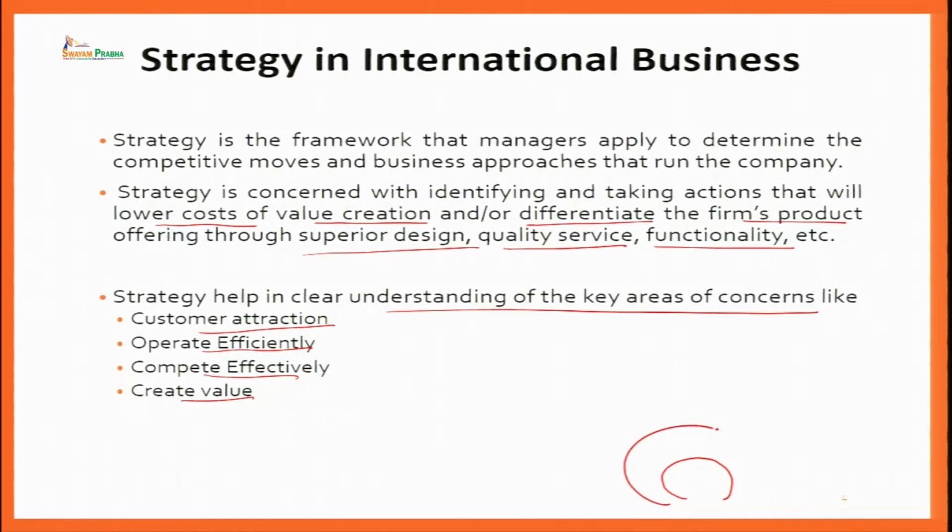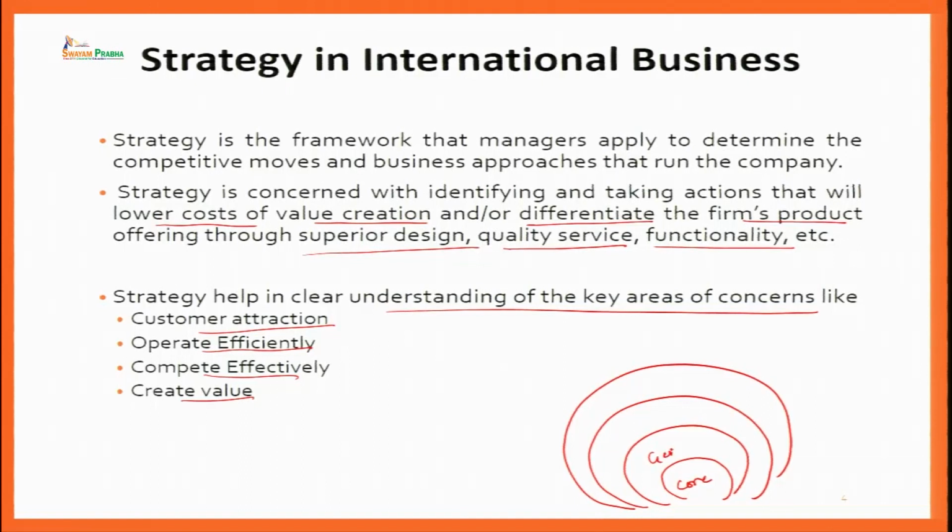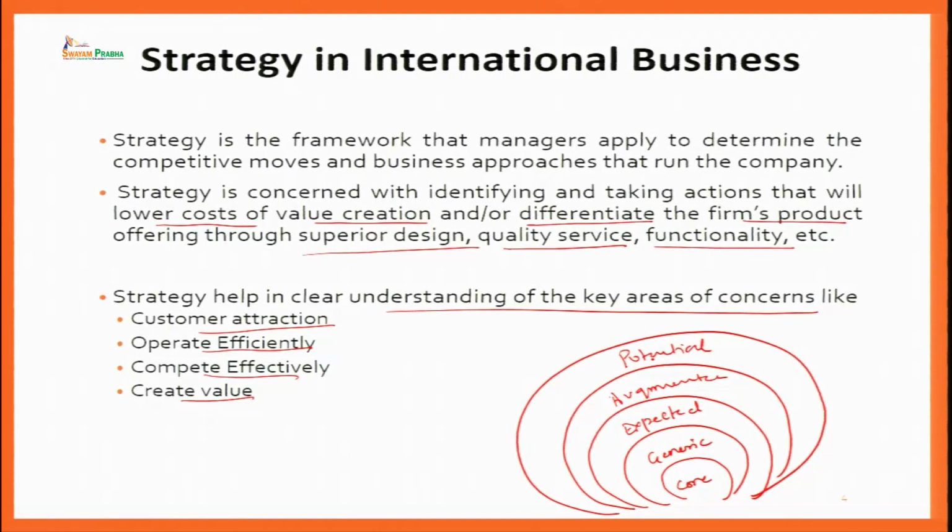Product has certain areas, like these different levels of the product. This is your core product, this is your generic product, this is your expected product, augmented product, and then comes the potential product that may come in the future.